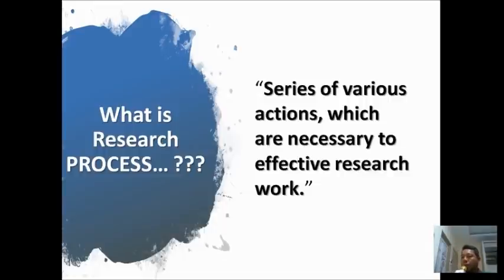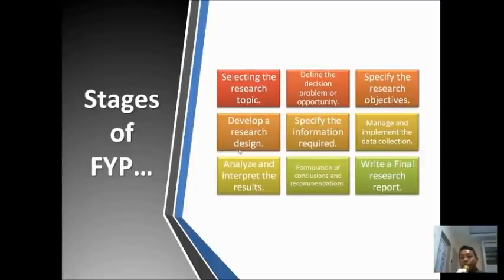For example, in our case, we are dealing with FYP, so we have to understand the stages of FYP, starting from selecting the research topic. In your case, you select your title, and then you have to meet your supervisor to understand the title, and from there you can understand which research topic you are in.